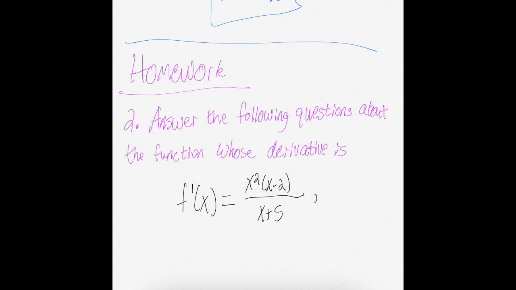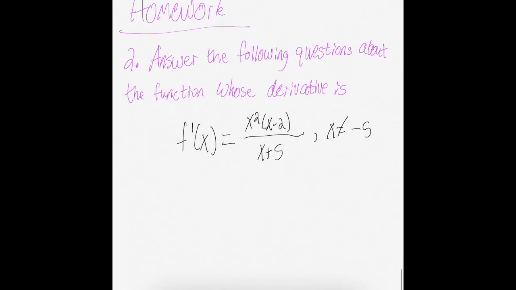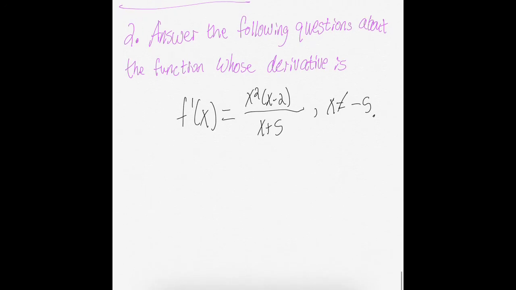I suppose I should write this nice and big and bold. F prime of x equals x squared times x minus 2 over x plus 5. And we are told that x is not equal to negative 5. That, of course, is because otherwise we'd be dividing by 0 and the math police would be after us.